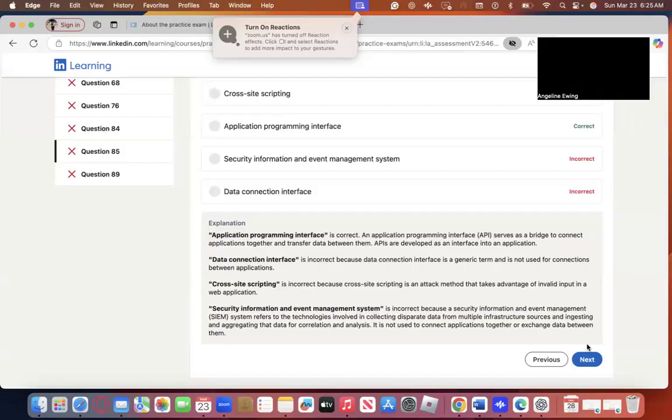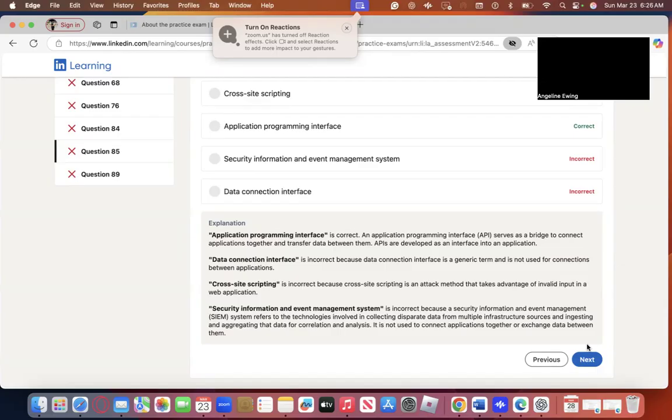On the other hand, the incorrect answers are data connection interface, cross-site scripting, and security information and event management system. Data connection interface is incorrect because it is a generic term and is not used for connection between applications. Cross-site scripting is also incorrect because it is an attack method that takes advantage of invalid input in a web application.